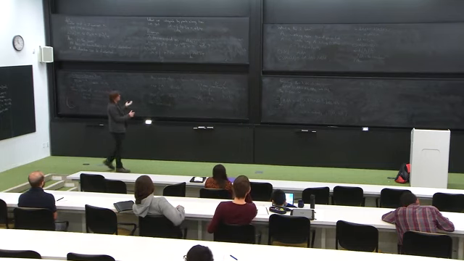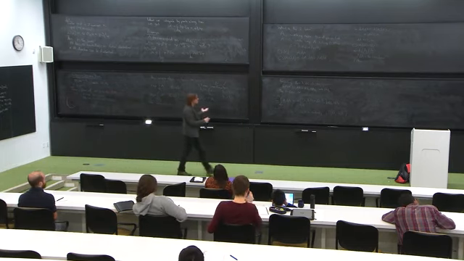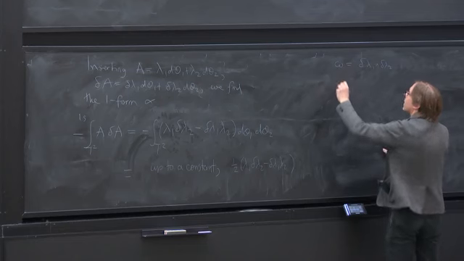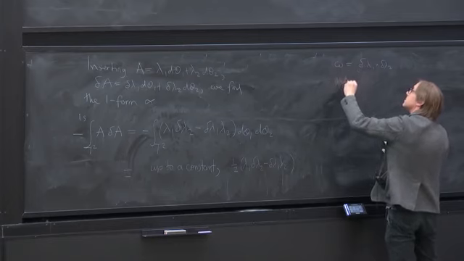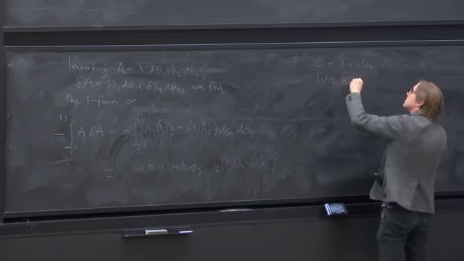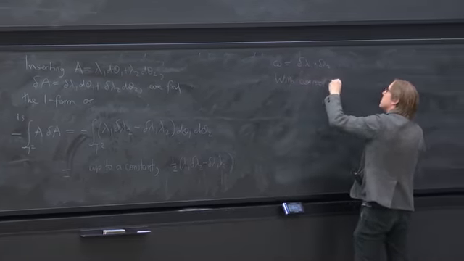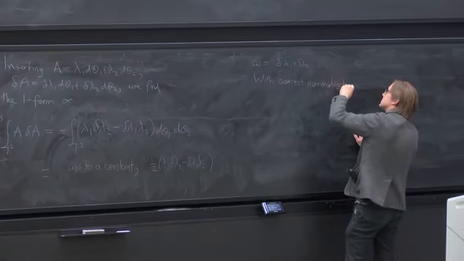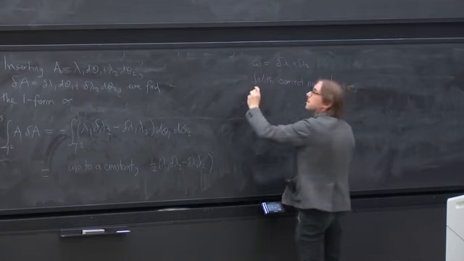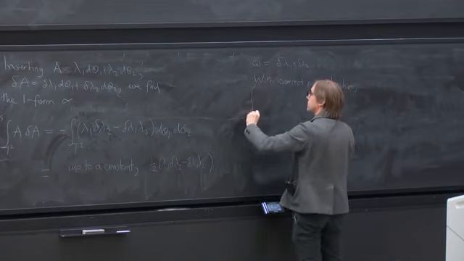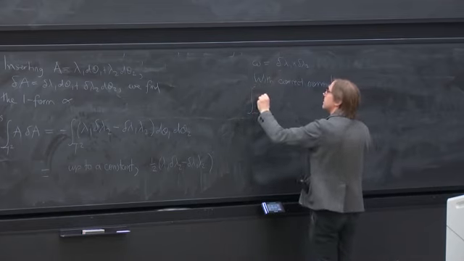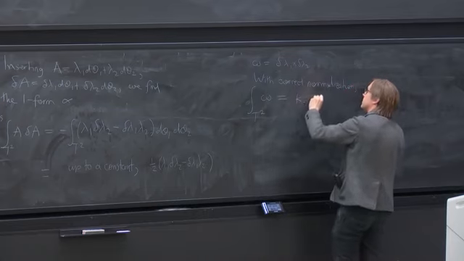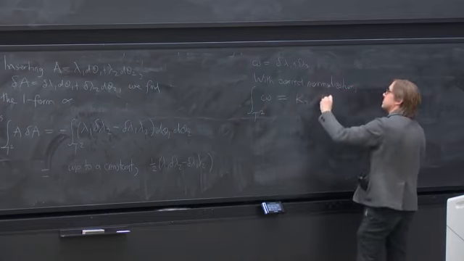And if we normalize things correctly, the integral over T2 of omega is equal to K, the quantized Chern-Simons level.